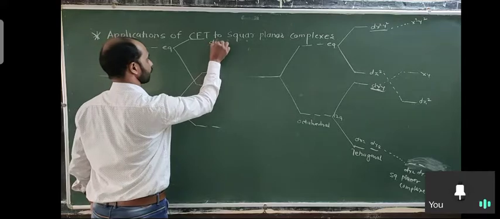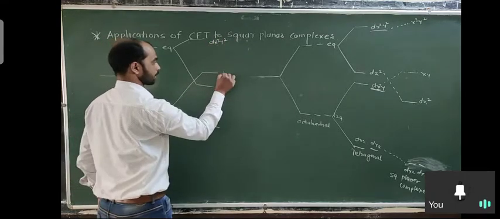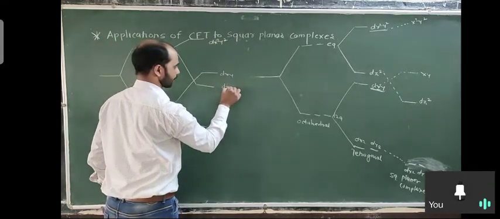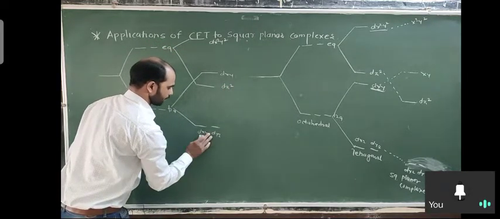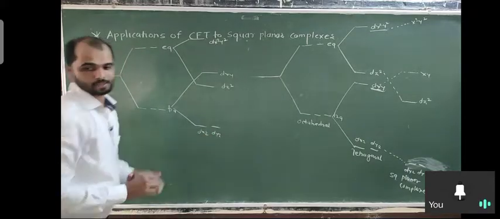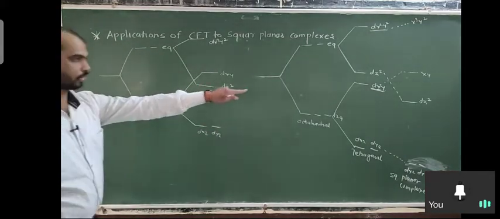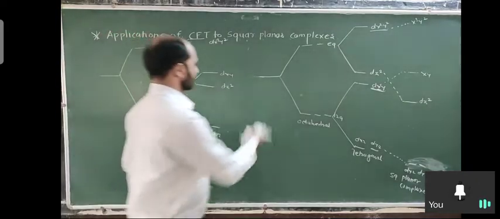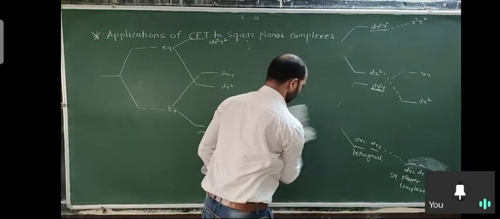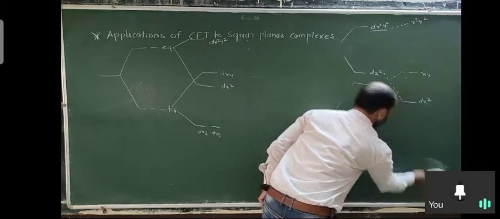So dx²-y², here is the dxy, then dz², and then dxz, dyz. So you can draw this. Okay, so here there are energies, the crystal field stabilization energy, CFSE. So we can calculate CFSE here also.